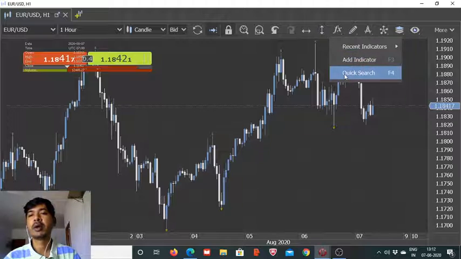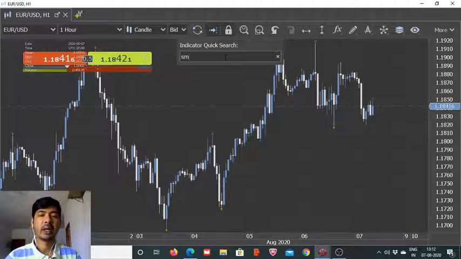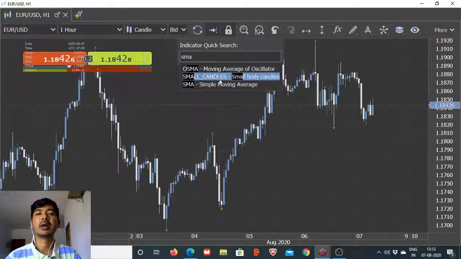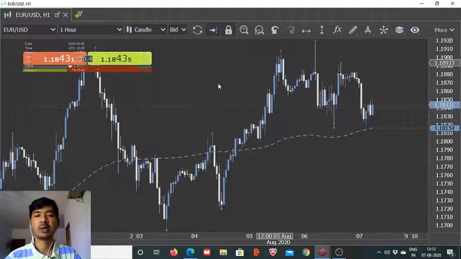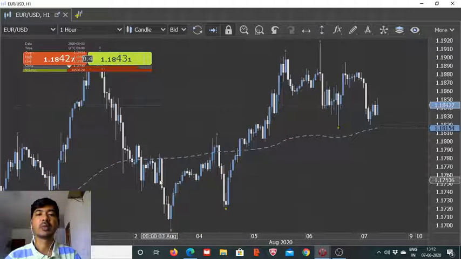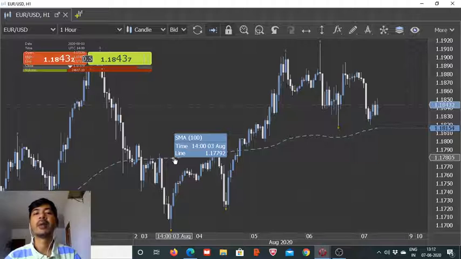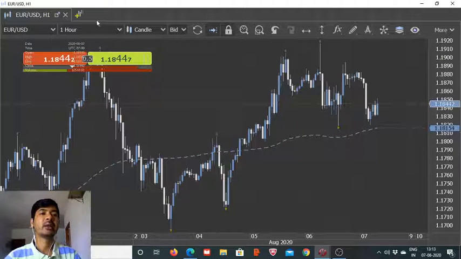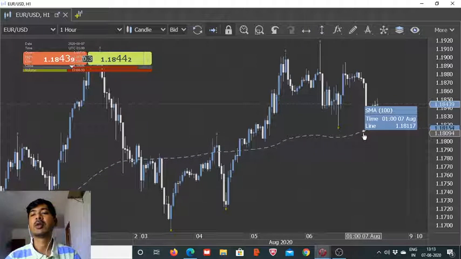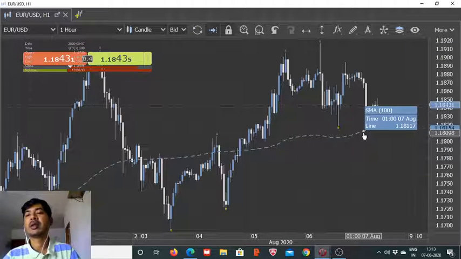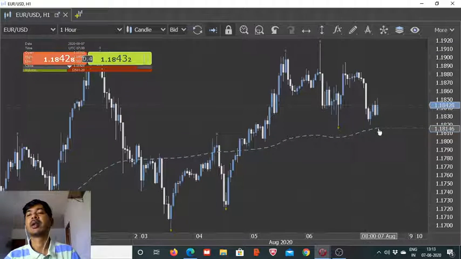No, so all we have to do is a quick search for SMA, and here it comes, the simple moving average. Okay, so we got this simple moving average defined for 100 time periods. Considering that this is the hourly chart, the value we are getting is for the 100 hours data, a simple moving average for the last 100 hours.